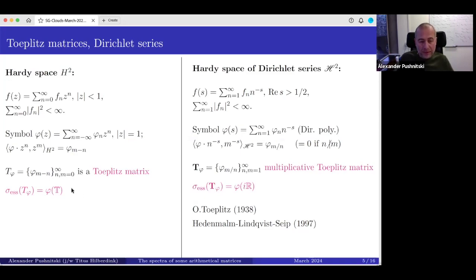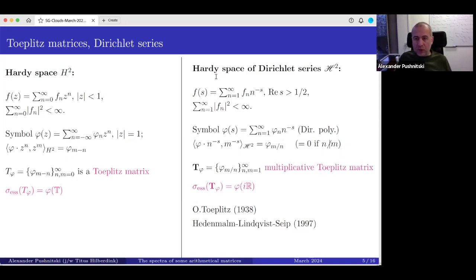And one of the fundamental facts in the theory of Toeplitz matrices is that if, let's say, phi is a real valued function, then the absolutely continuous spectrum of this operator, of this infinite matrix, is precisely the range of the function phi. Okay, so this is a kind of classical theory.